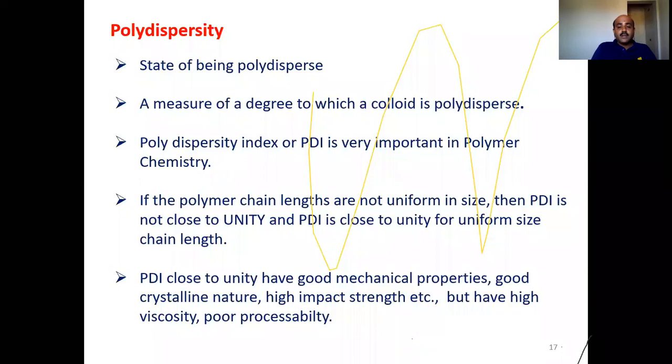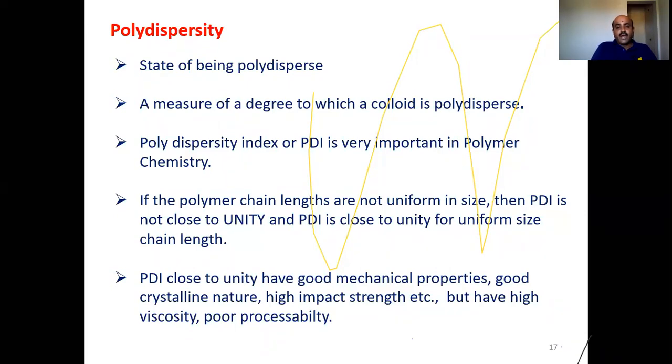Based upon the value of PDI, whether the value is nearest to unity or not nearest to unity, we can obtain different material properties. We can say which polymers will have good mechanical properties and good crystalline structure. Polydispersity index is an indication of the behavior of the material, the behavior of the polymers.